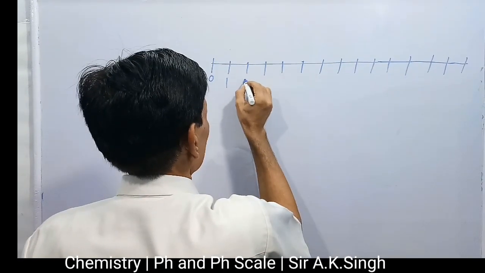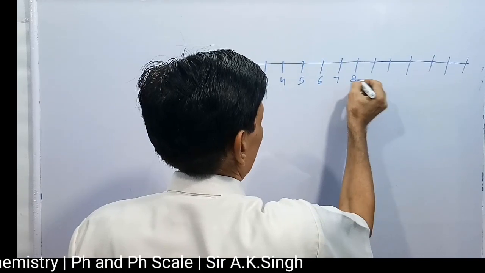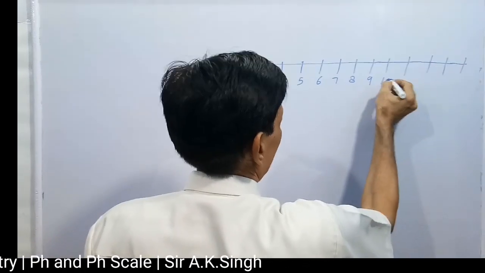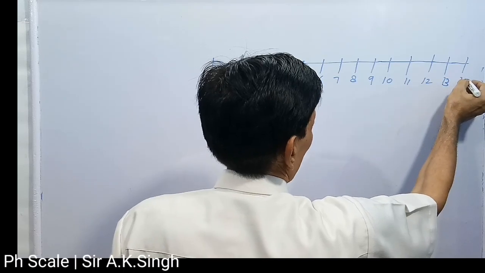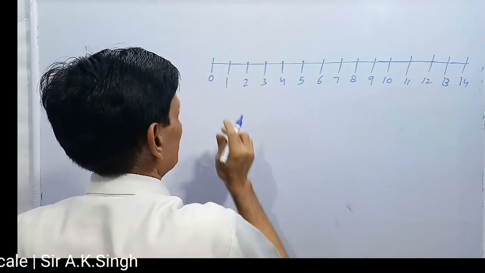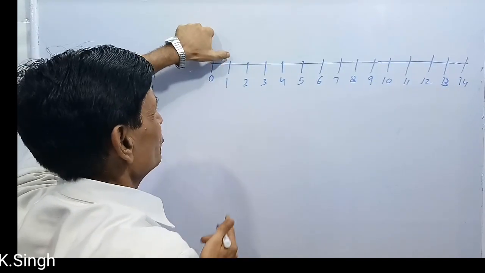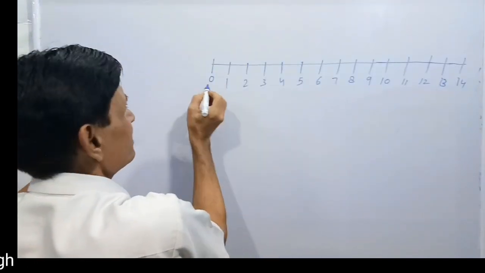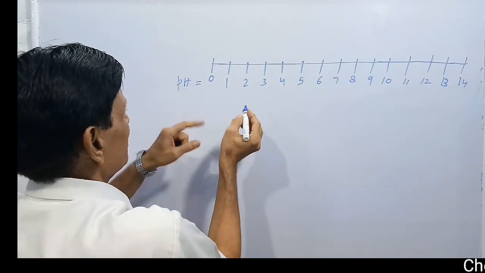This is pH 1, 2, 3, up to 14. That represents pH.